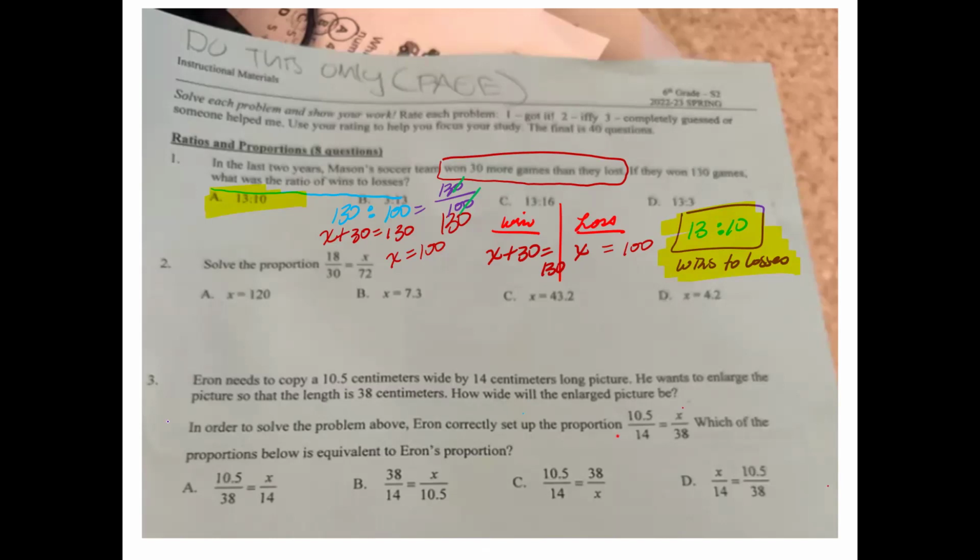Okay, ready? Read it. Solve the proportion 18 over 30 is equal to X over 72.